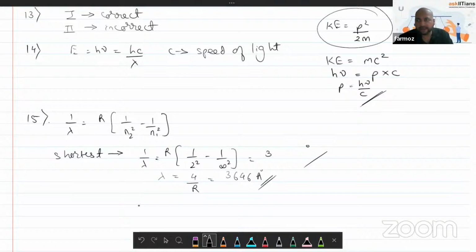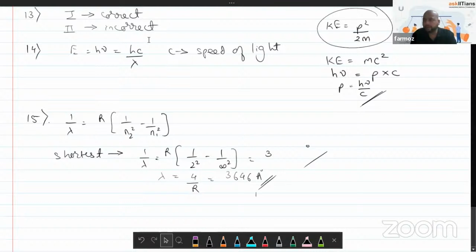What exactly is the question? If I want to calculate the values, it is in nanometer.